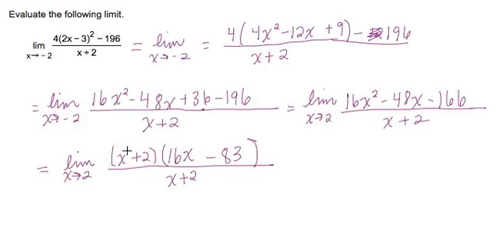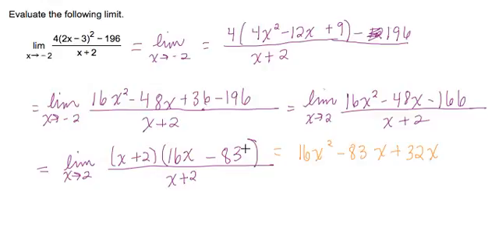So let's see. If I FOIL this thing out, I would get, just that numerator, I would get 16x squared. My outside term would be -83x. And my inside term, I don't think this is going to work, would be 16 times 2 is positive 32x.